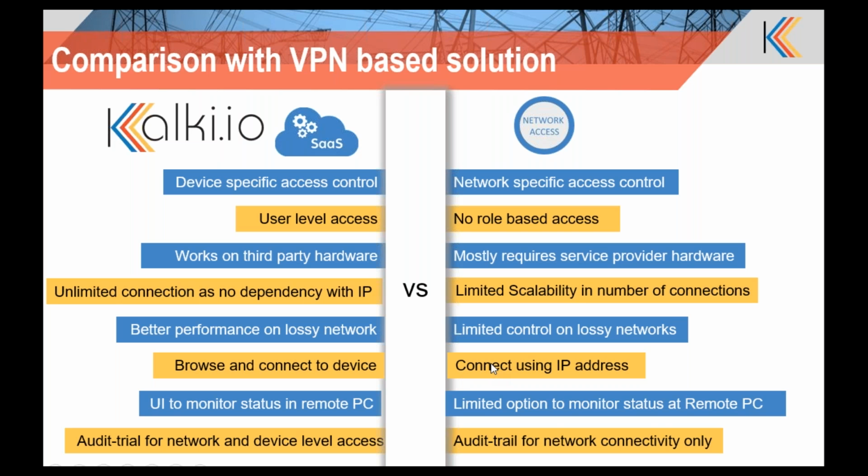Talking about the user experience, the user has to know the VPN IP address of the devices, and different IP addresses as well as port numbers of the devices have to be remembered and used to connect with them.